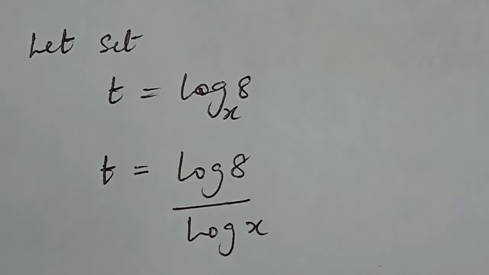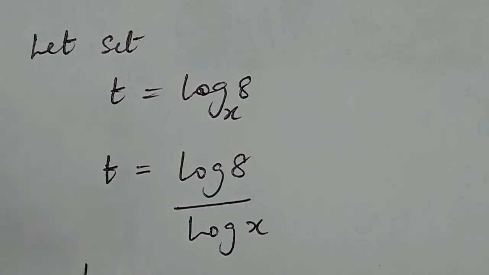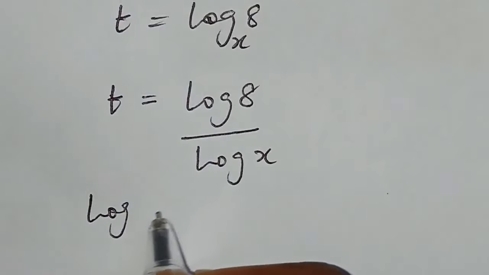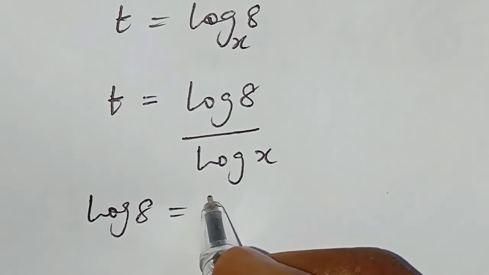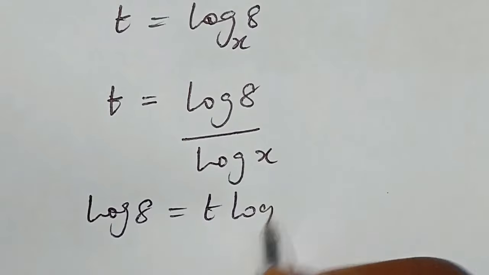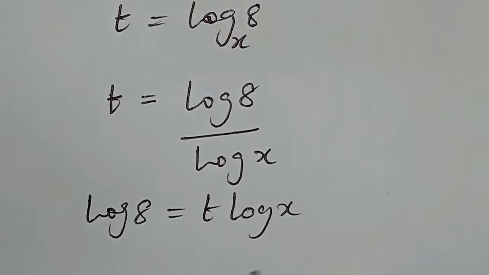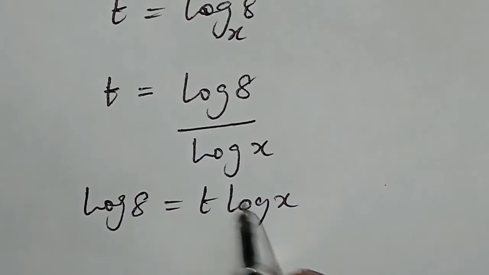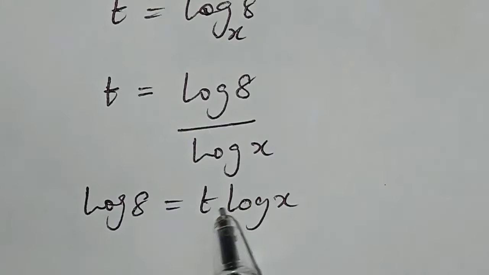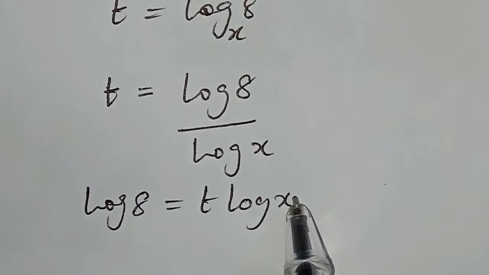Now let's put this as log 8 is equal to t log x. So from our knowledge of logarithm, this will come back to the exponent.